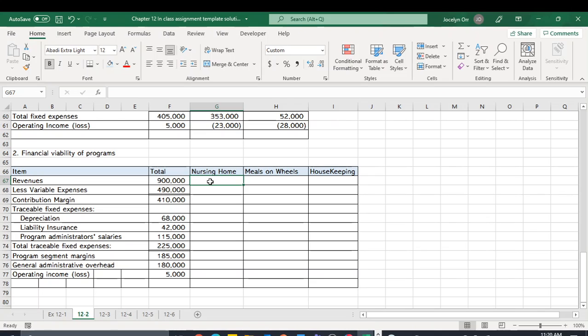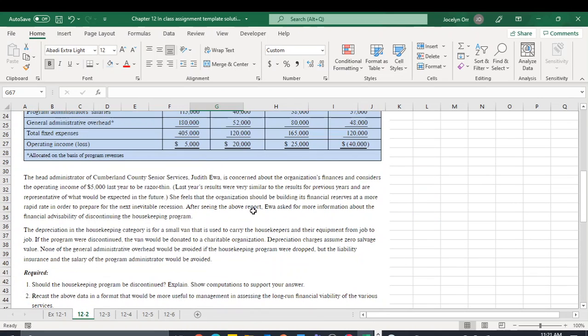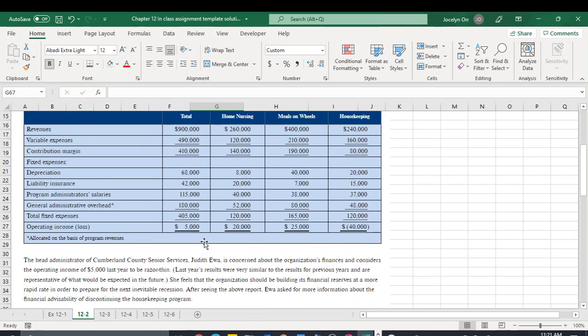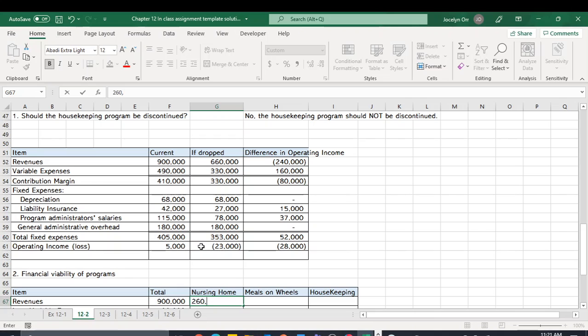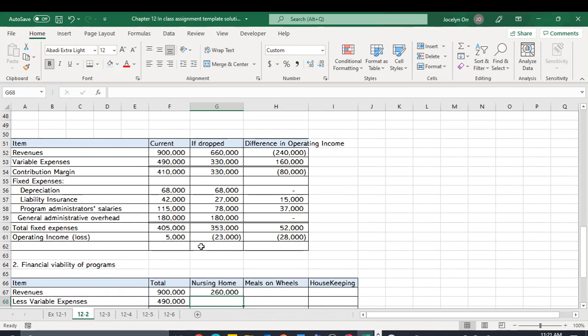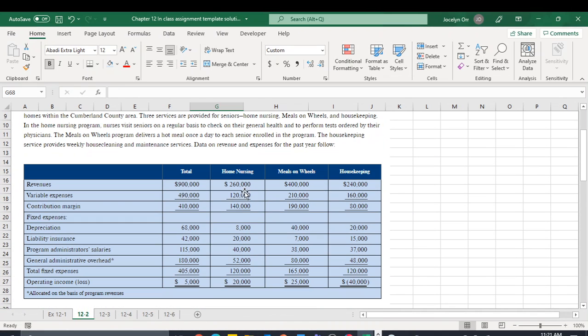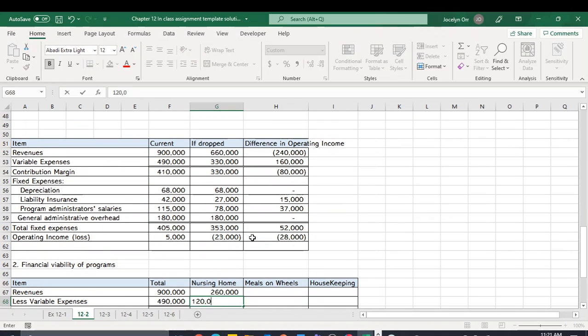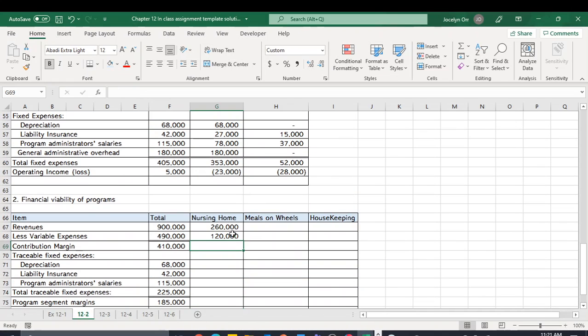Okay, so now we're going to break it down based on our segments. So our home nursing has revenues of $260,000. Our variable expenses as it relates to this segment is $120,000. The difference between the two is our contribution margin.